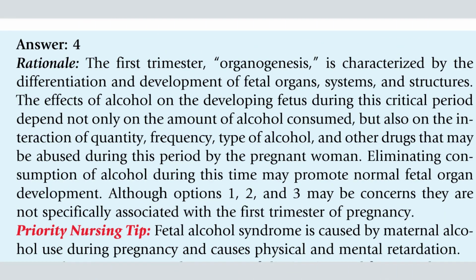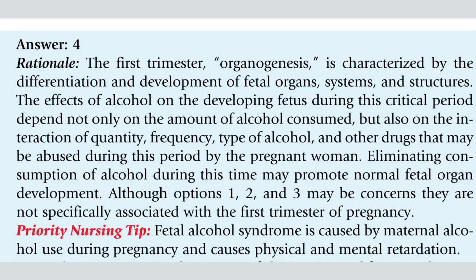Answer: 4. Rationale: the first trimester, organogenesis, is characterized by the differentiation and development of fetal organs, systems, and structures. The effects of alcohol on the developing fetus during this critical period depend not only on the amount of alcohol consumed, but also on the interaction of quantity, frequency, type of alcohol, and other drugs that may be abused during this period by the pregnant woman.